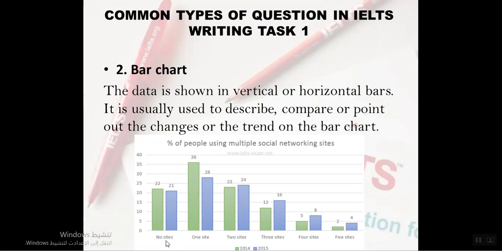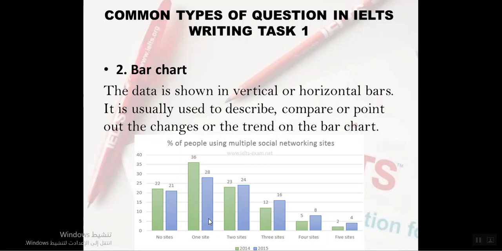So, for example, the percentage of people not using any social networking sites was 22% in 2014, and 21% in 2015, while the percentage of people who used only one social networking site was 36% in 2014, and 28% in 2015.